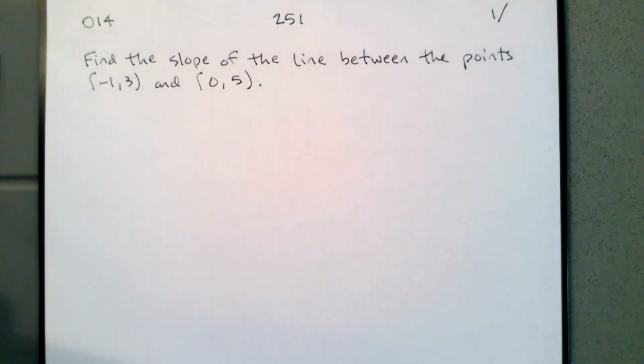I want you to find the slope of the line between the points -1, 3 and 0, 5. So take a moment and find the slope between these 2 points.